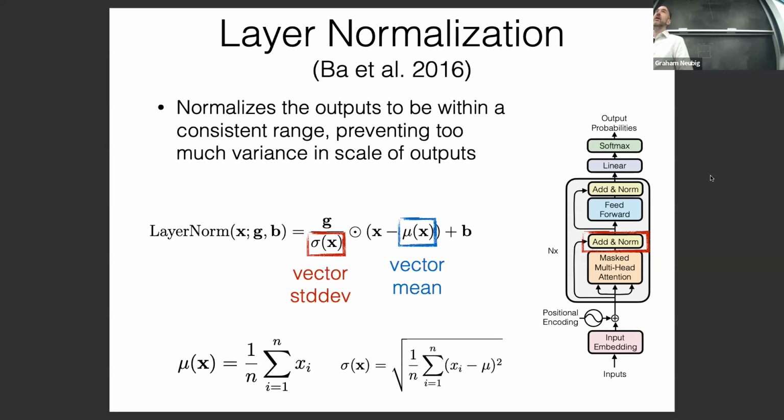We add up the value minus the mean, squared, and then take the square root, just the normal standard deviation. If we were just doing the vector mean and the vector standard deviation, we would be normalizing all of the values in the vector to have 0 mean and unit variance, dividing by the standard deviation.